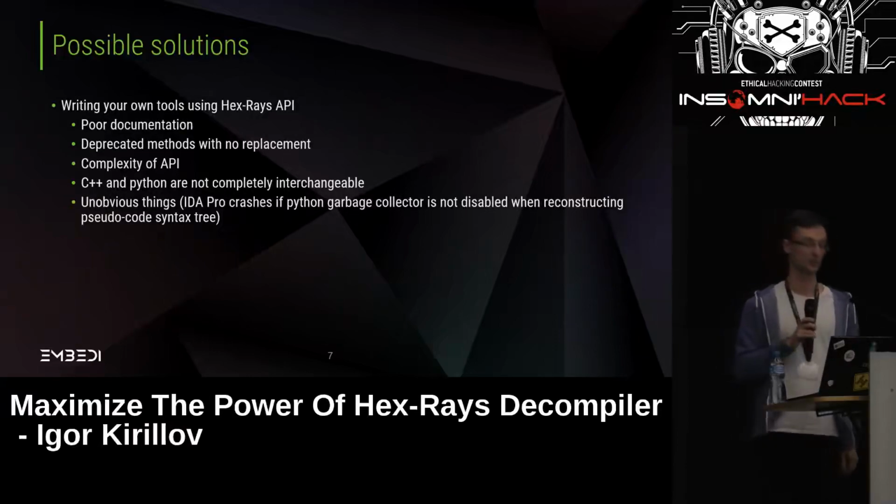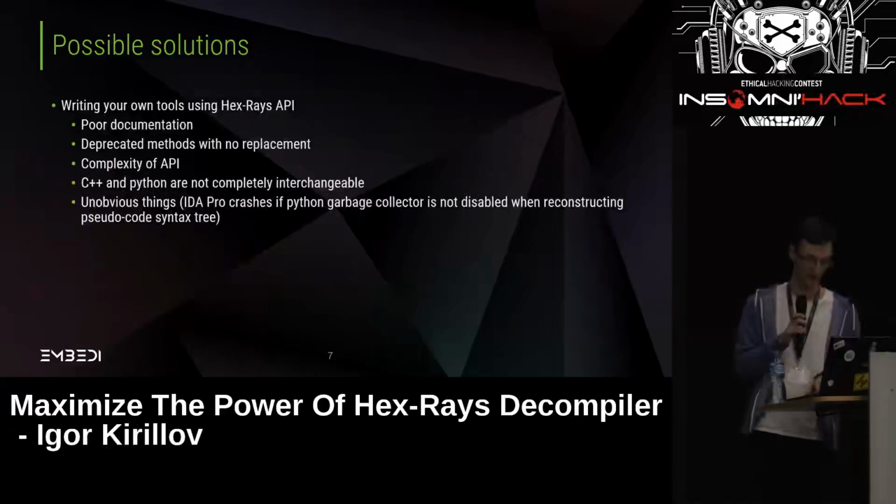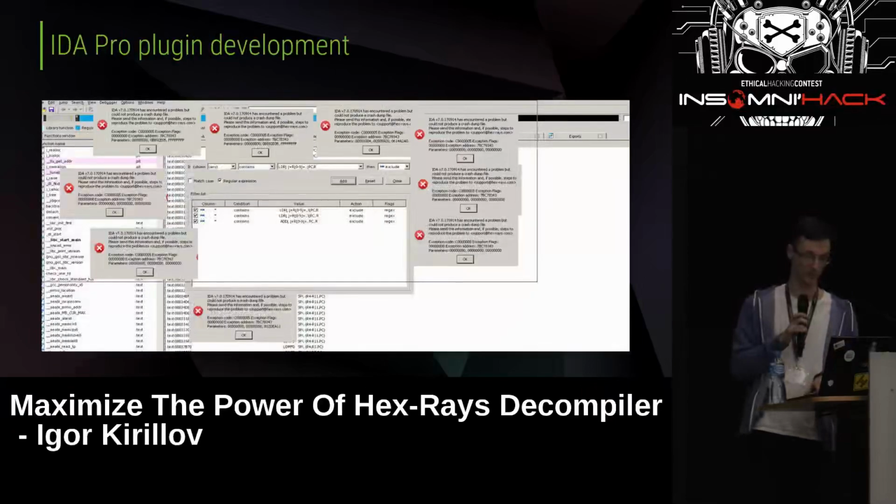Also, there are a lot of unobvious things. For me, the most painful was to understand why IDA crashed after C3 modifications. I spent several days, and it turns out that I should have disabled the Python garbage collector for these weak objects. So here is the picture you should be ready to see very often if you decide to start developing Hex-Rays IDA Pro plugins.